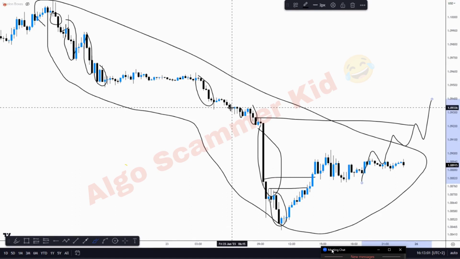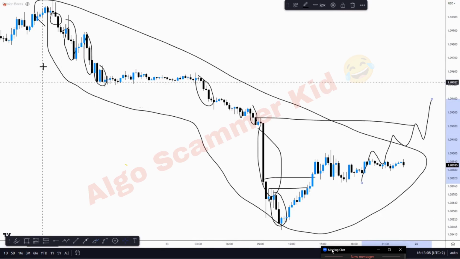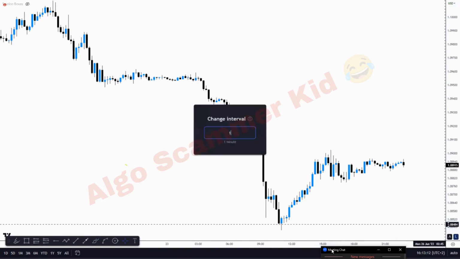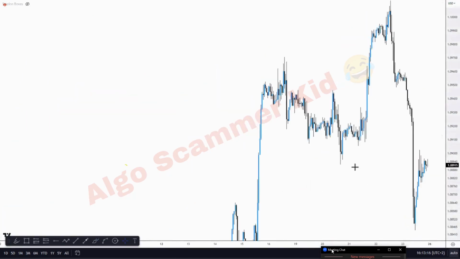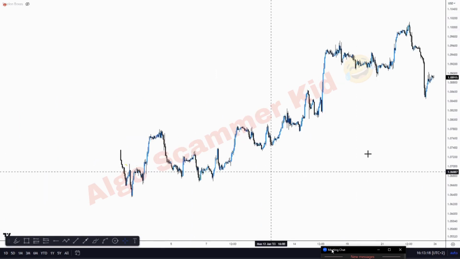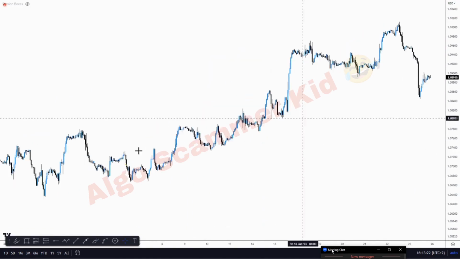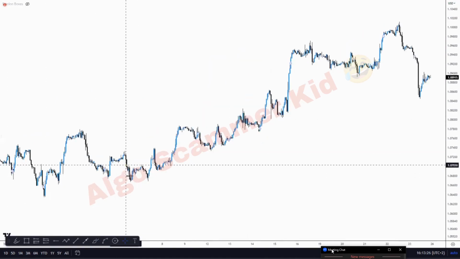Okay, this is the 15 minutes, and this is where fractality of order flow comes in. Let me start from the 1 hour. So clearly, from the onset, we have a bullish order flow.